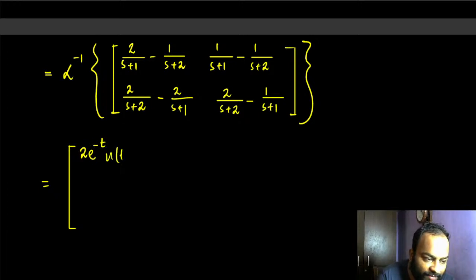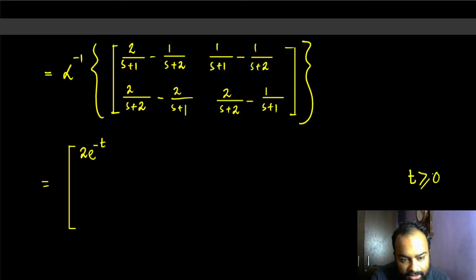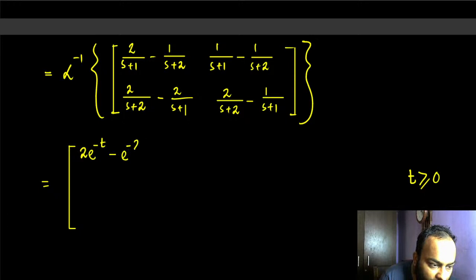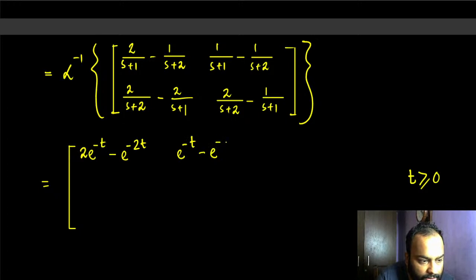Now of course all of them have u(t), but I'm just going to write this, indicating that other than that this is 0, because all of this will have u(t) multiplied. So here e to the power minus 2t, and this is e to the power minus t minus e to the power minus 2t.